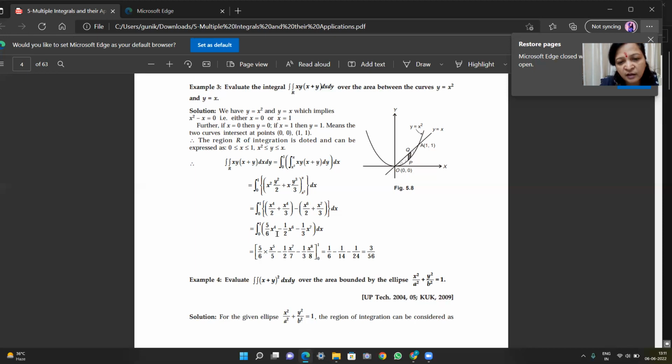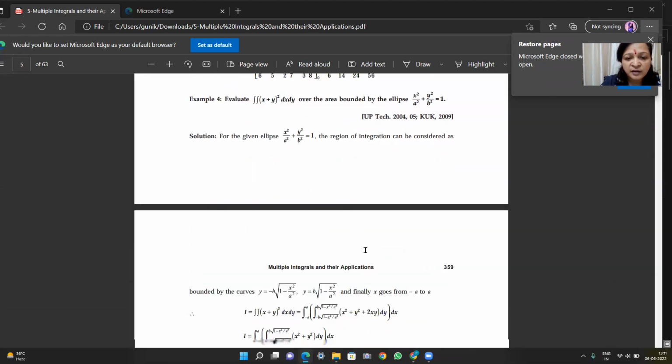So now we can integrate this with respect to x, and finally we put the limit of x equal to 0 to 1, and we get the value of this integral. The next example is of the same type.